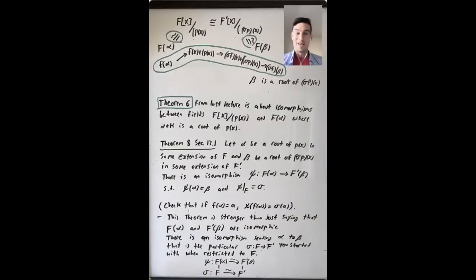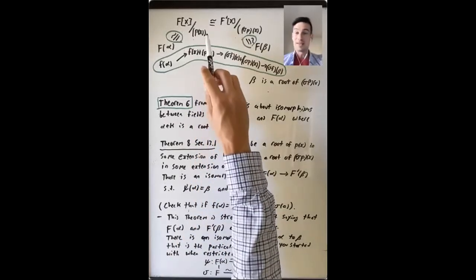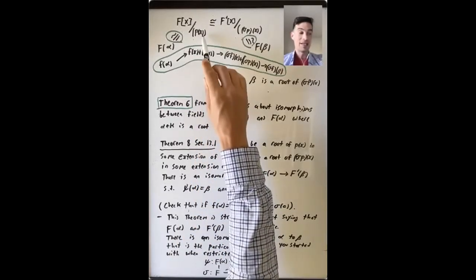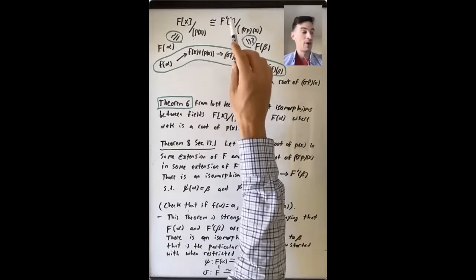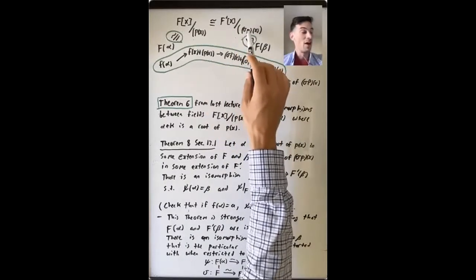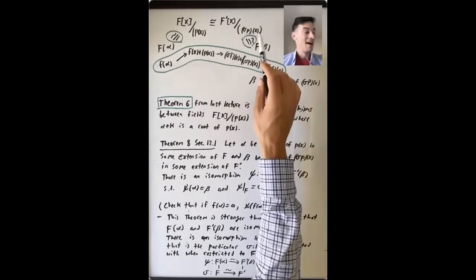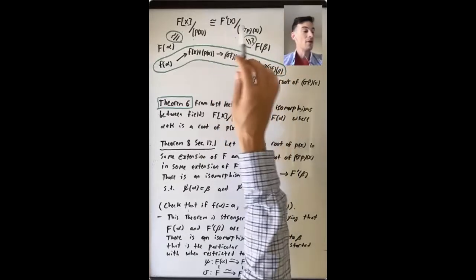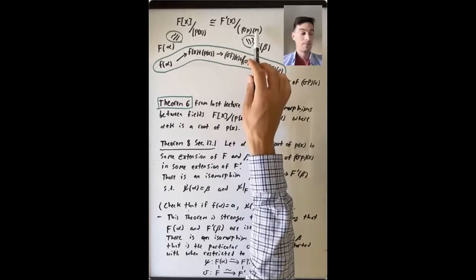So where are we? We have these two fields, F[x] mod the ideal generated by p(x), and F'[x] mod the ideal generated by this irreducible polynomial σ(p(x)). And we know that they're isomorphic to each other.